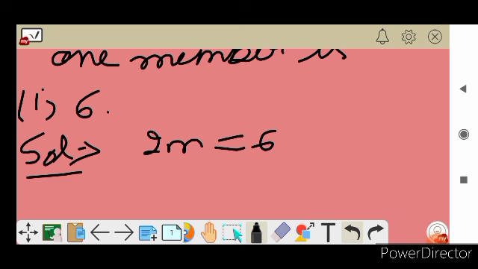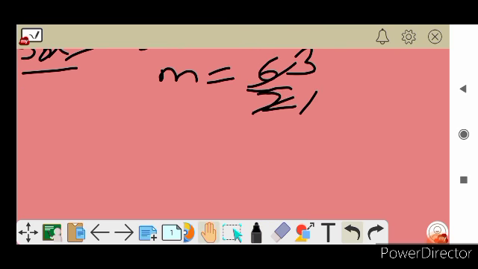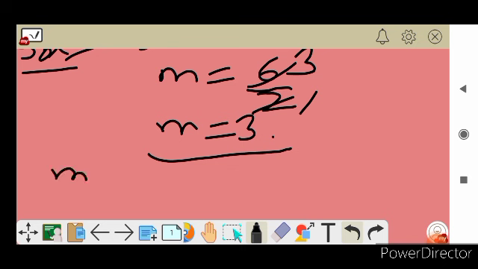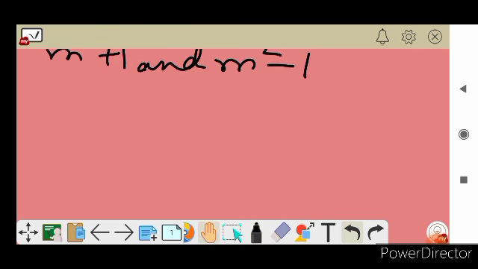So we will find the value of m. m equals 6 upon 2. 2 ones are 2, 2 threes are 6. So the value of m equals 3, and we will use the value of m in m square plus 1 and in m square minus 1.